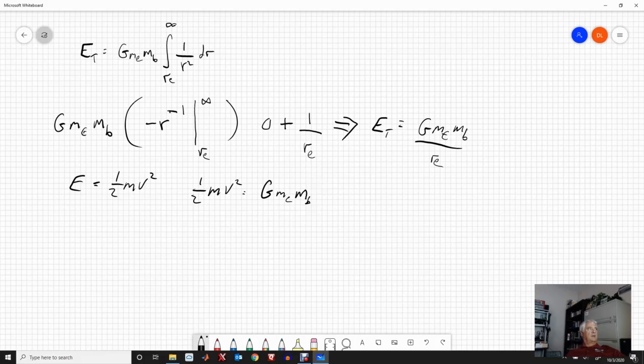mb over re. And this mass is the mass of the ball because it's the one that has the velocity as it's being thrown.